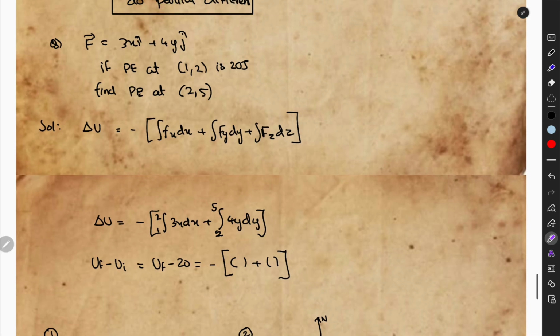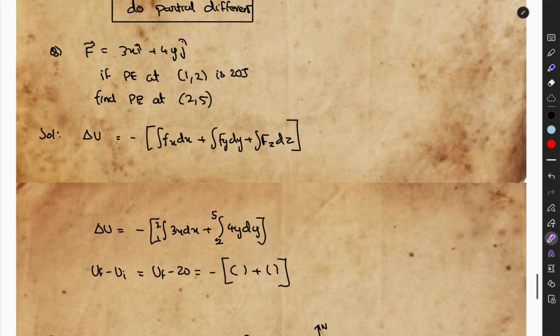So F is equal to 3x plus 4y. In this case they have given the force and they are asking you to find the potential. If the potential energy at (1, 2) is given, find the potential energy at (2, 5). Now we know the formula that dU is equal to minus of work done, right?